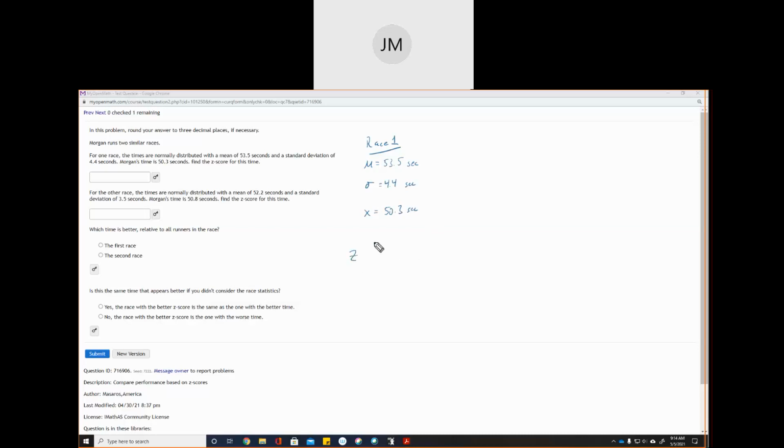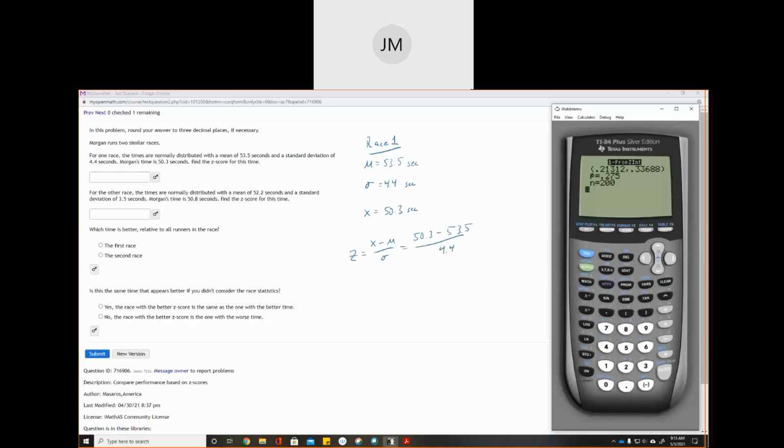So the z-score is always x minus the mean over the standard deviation. So we're going to take 50.3 minus 53.5 divided by 4.4. I got my calculator, and we'll take 50.3 minus 53.5 and divide by 4.4.